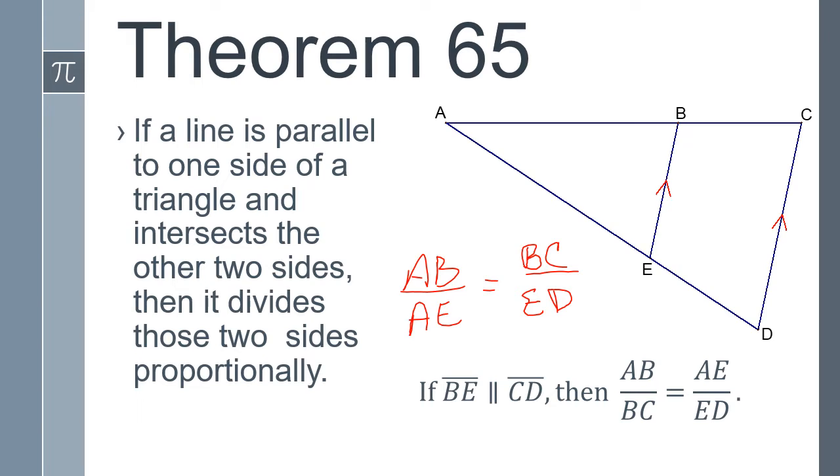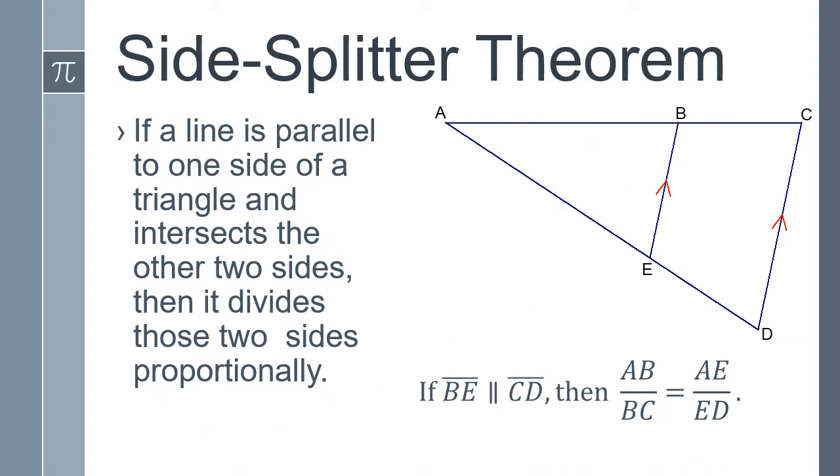So two ways of looking at this. We can compare them this way and set up proportions that work, or we can set them up this way and we'll have proportions that work. And this is called the side splitter theorem.